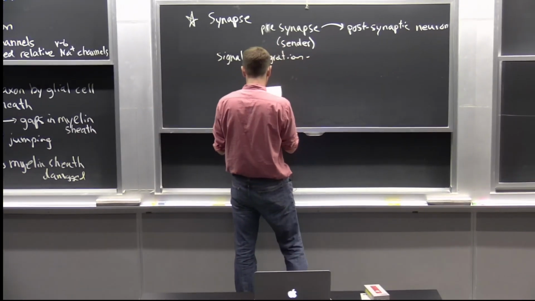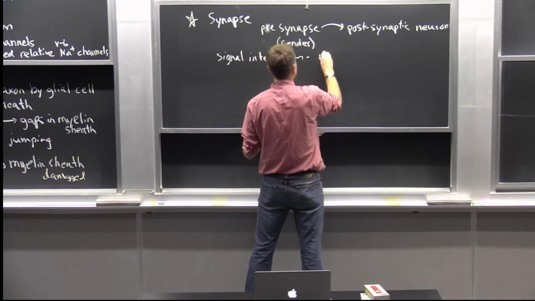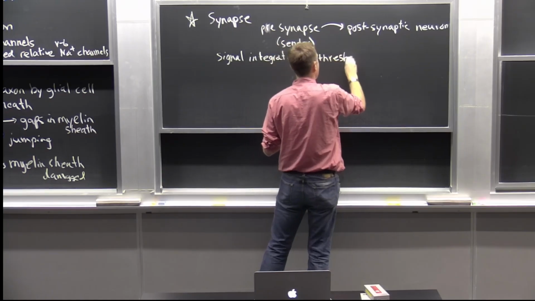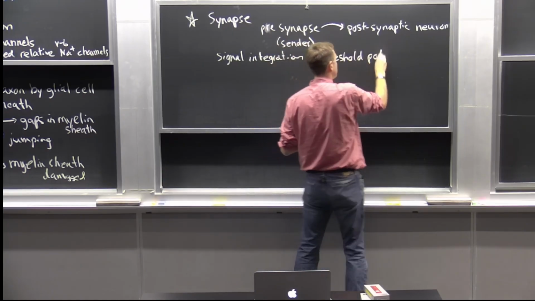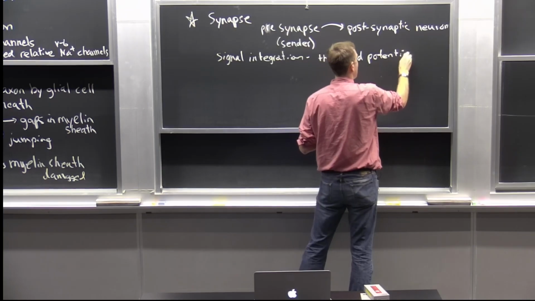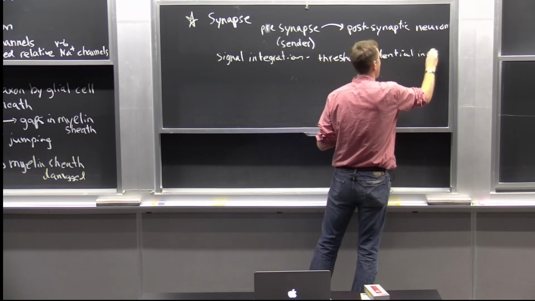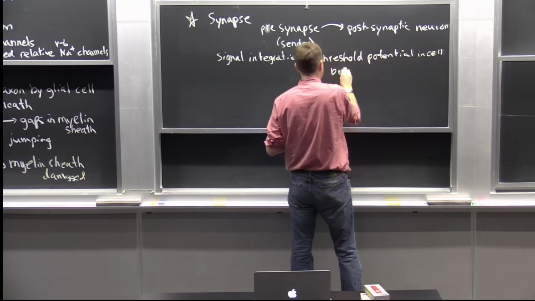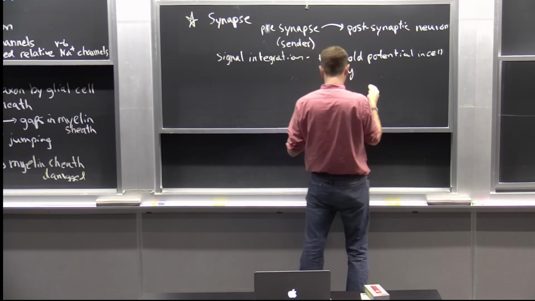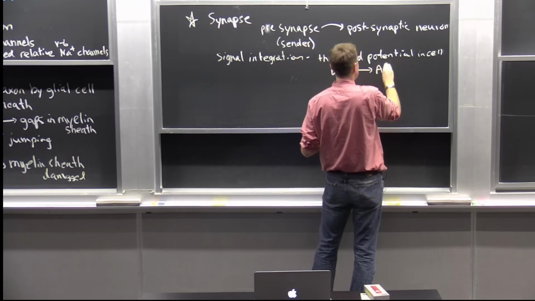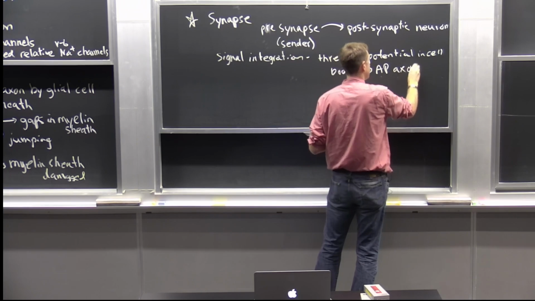Okay, so here it is, the threshold potential in the cell body that determines whether or not an action potential is sent down the axon.